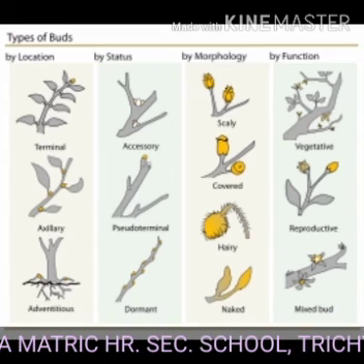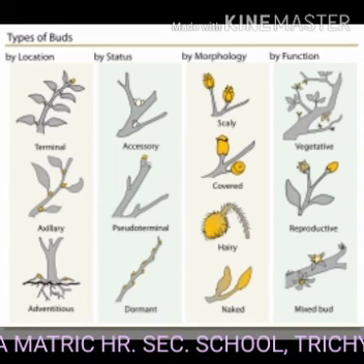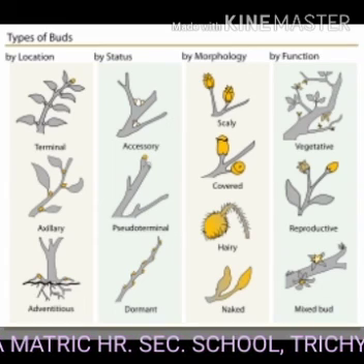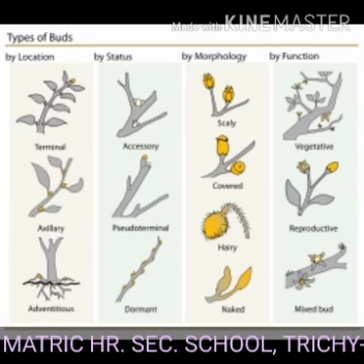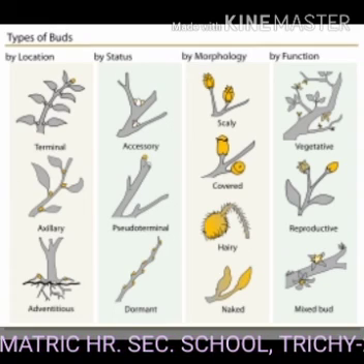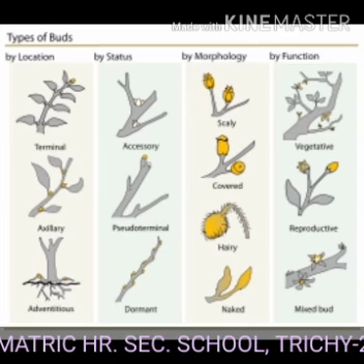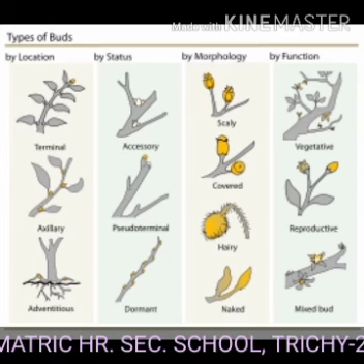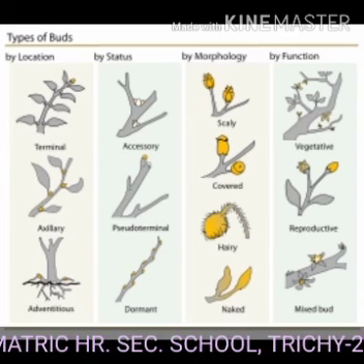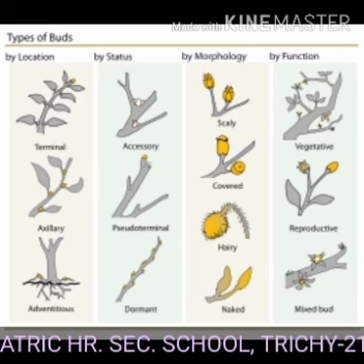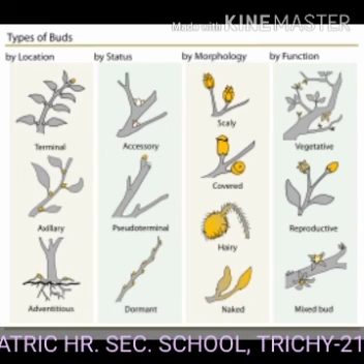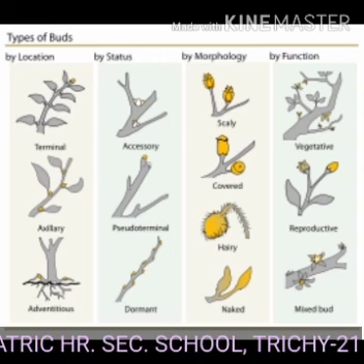Foliar buds are those that grow on leaves from veins or from margins of the leaves. Example, Bignonia or Bryophyllum. Caulines buds arise directly from the stem either from cut or pruned end of the branches.